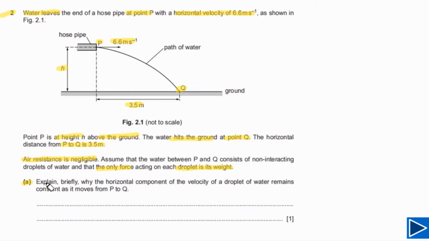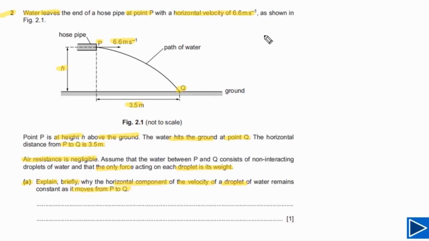Now for part A, we need to explain briefly why the horizontal component of the velocity of a droplet remains constant as it moves from P to Q. Simply, we need to understand that velocity remains constant if there is no net force acting on the body. In this case, there is no force acting along horizontal, so the horizontal velocity remains constant.